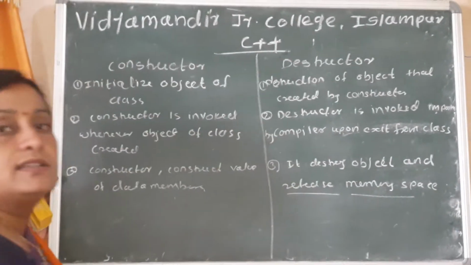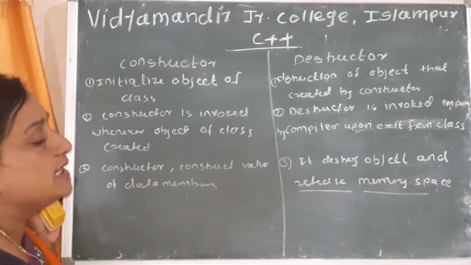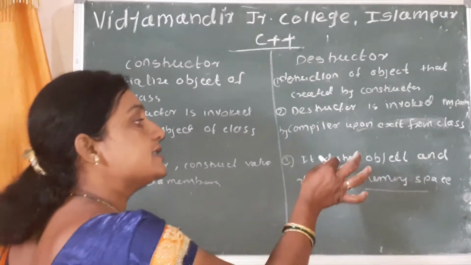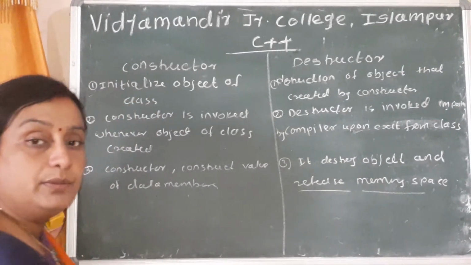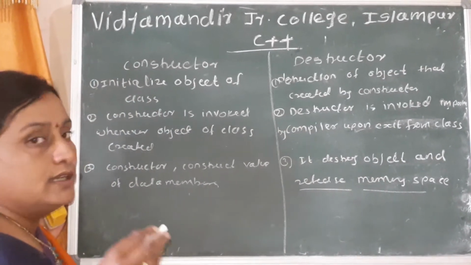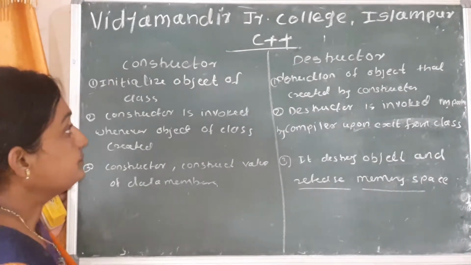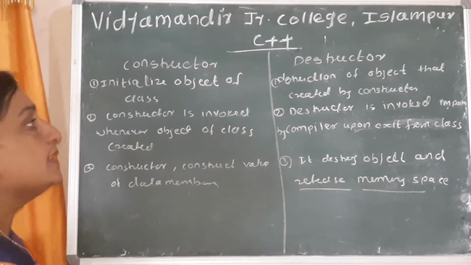This space becomes free space, or heap memory. It is attached to the heap memory of the compiler. That is, the destructor is used to destroy the object, and the freed space is attached to the free memory space of the computer. That is a major difference between destructor and constructor.